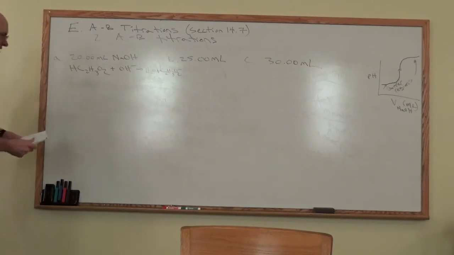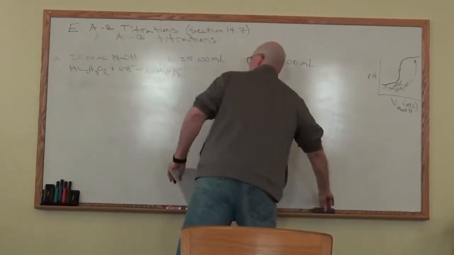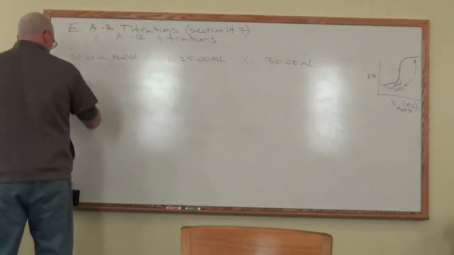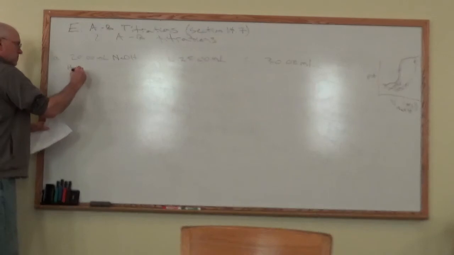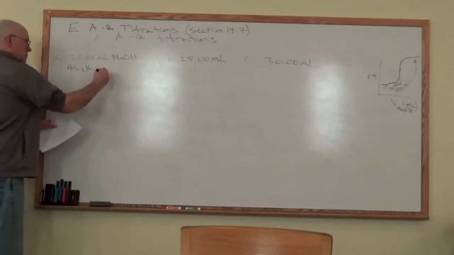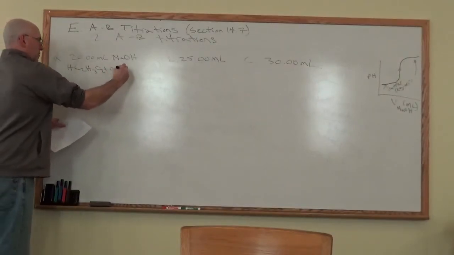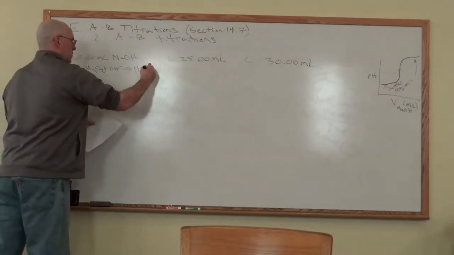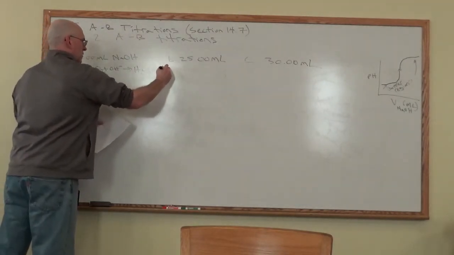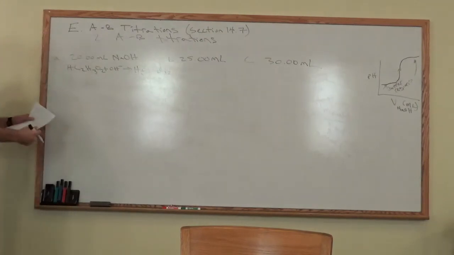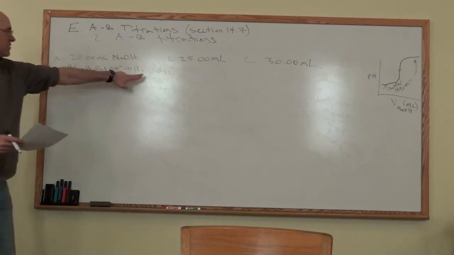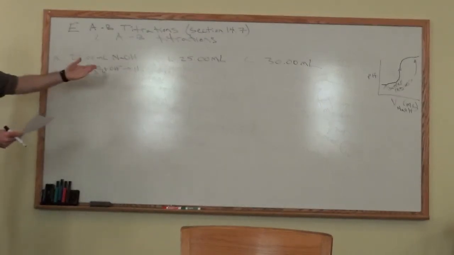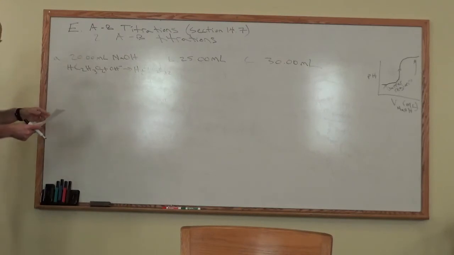I took up too much space. Okay, so I think that's right. It actually doesn't really matter that much. So it's acetic acid being titrated with this, and we're producing acetate. You could go through the Bronsted-Lowry definitions here.